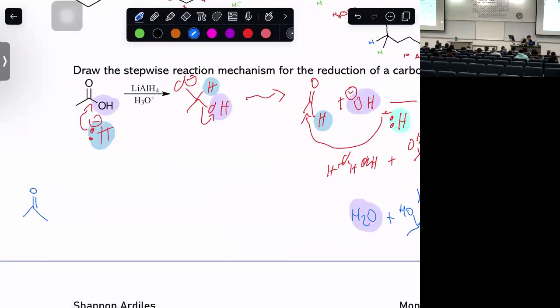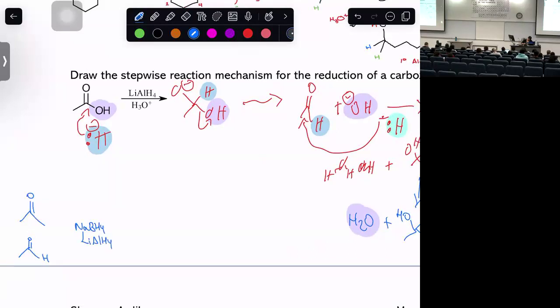So let's start with a ketone and an aldehyde.